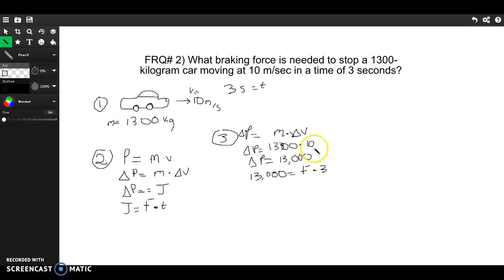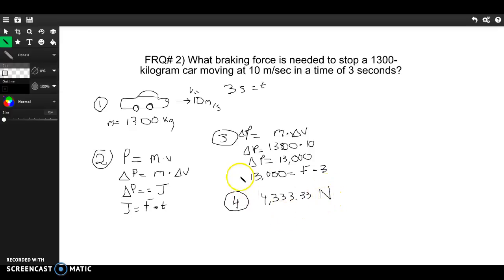And if you calculate this out, you'll get as your answer 4,333.33, and since we have a force, the units are going to be newtons.